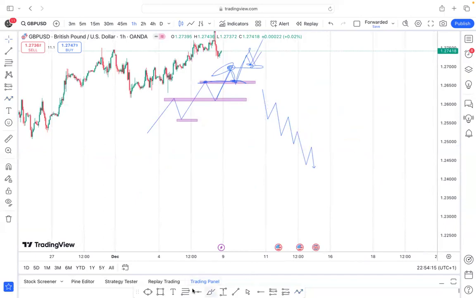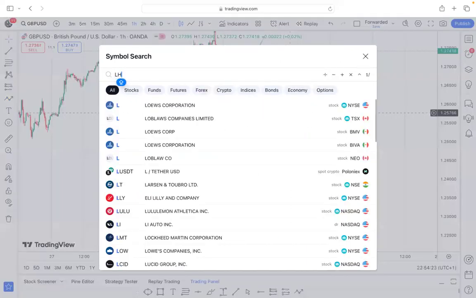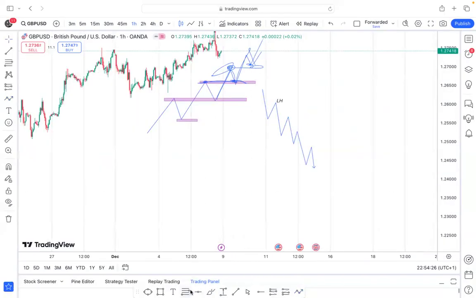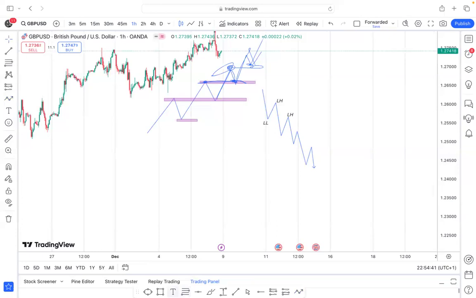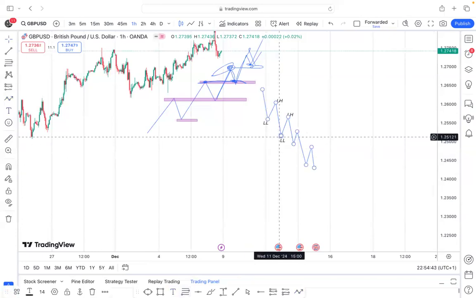Now we know that in a downtrend, we have a series of lower highs and lower lows. Our lower highs are where we find our resistance level. Our lower low is where we find our support level in a downtrend.